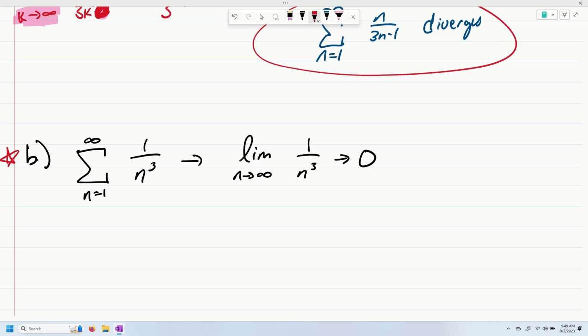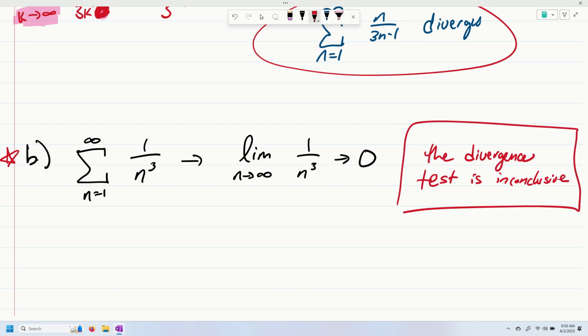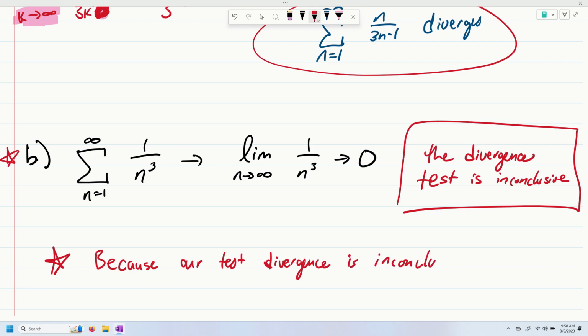In this scenario, the divergence test is inconclusive. Now, what this means, I'm going to write it out here. Because our test for divergence is inconclusive.